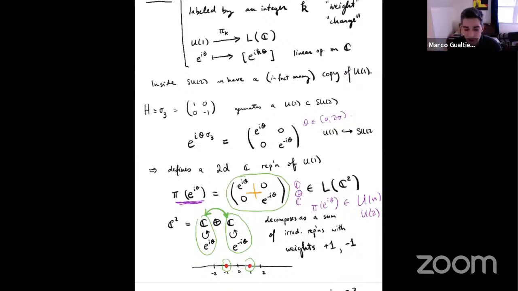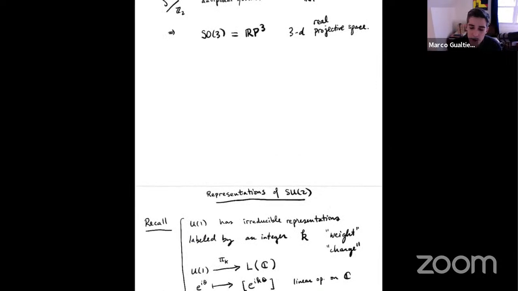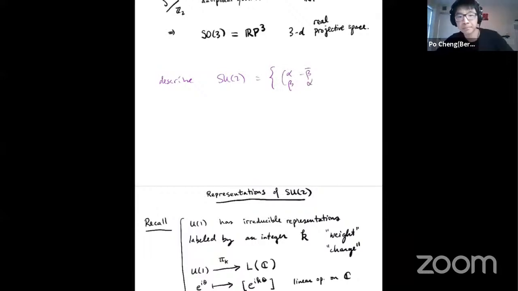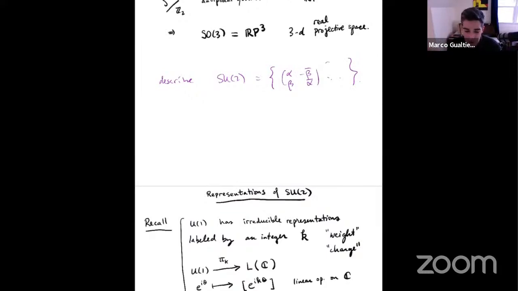The reason is that when we describe SU2 as a matrix group, we're automatically providing a representation, because this matrix acts on C plus C.